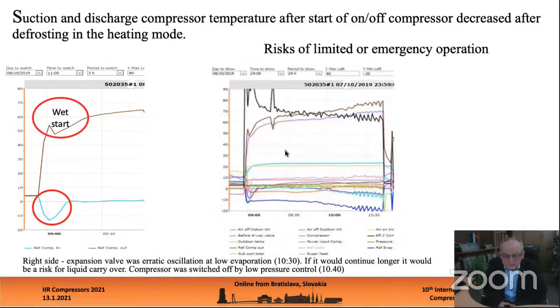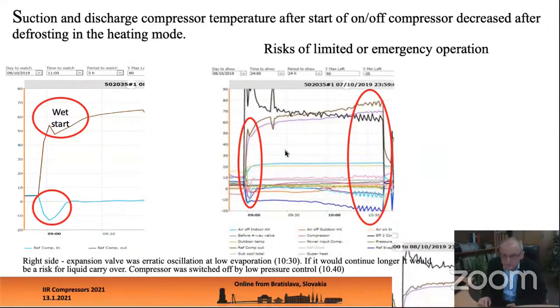Here you can see the period of such measuring with a possible or likely wet start, which ended with erratic oscillation of evaporating temperature, superheating, condensing temperature, and so on. And this period was ended by the low pressure control, which switched off the compressors.